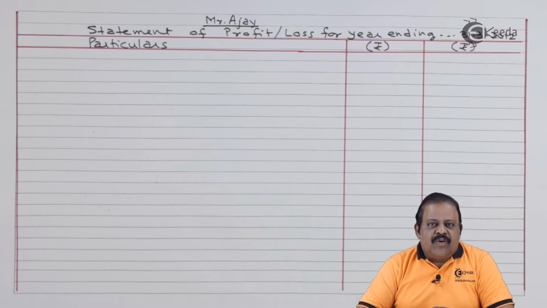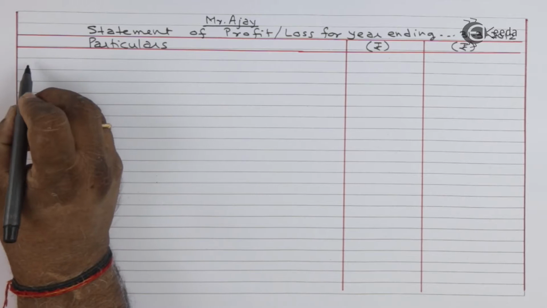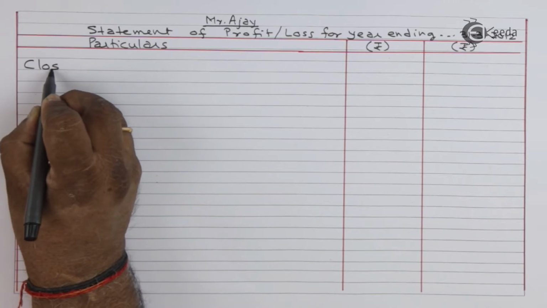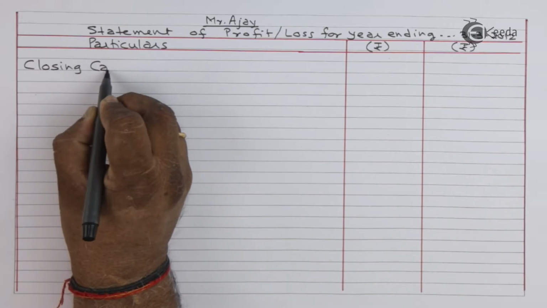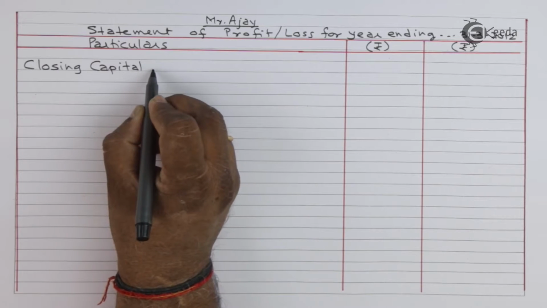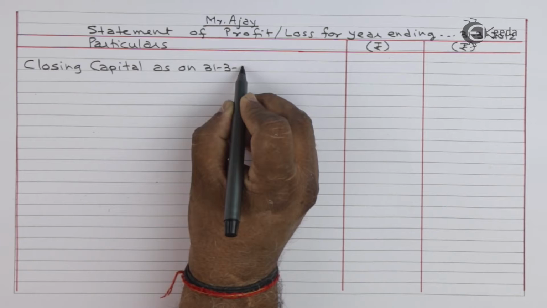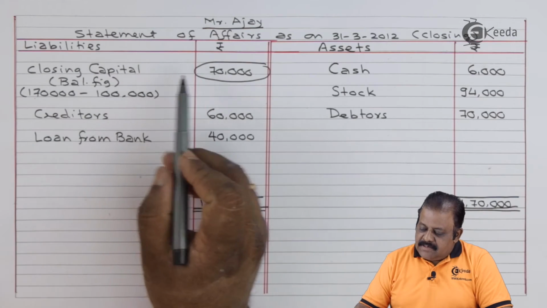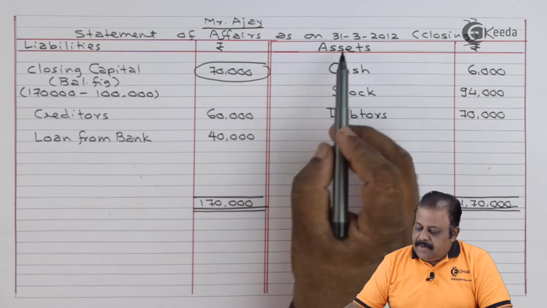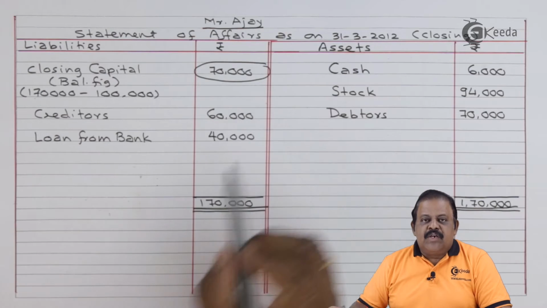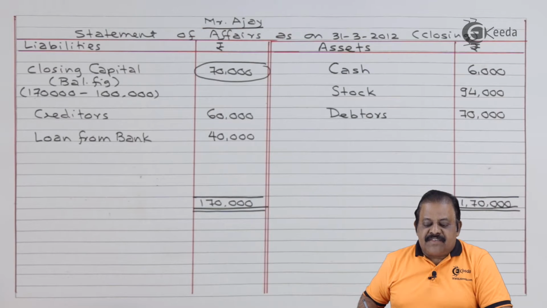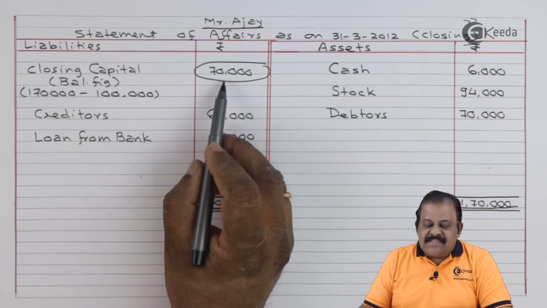Just now we have calculated closing capital by preparing the closing statement of affairs, which shows closing capital 70,000.